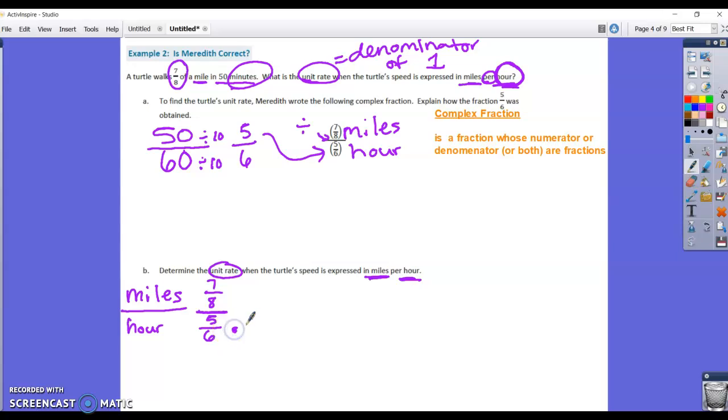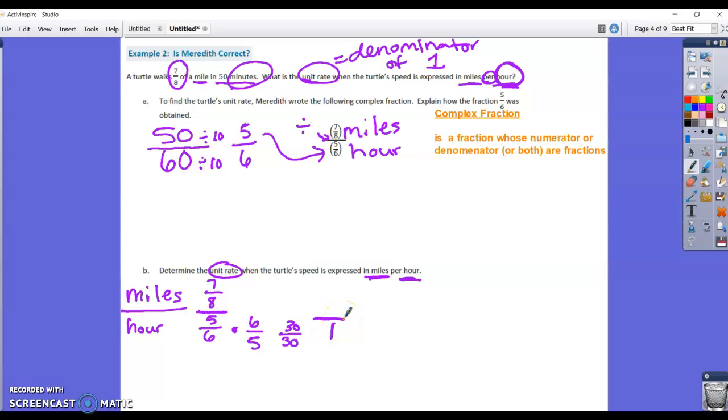So if we multiply by the reciprocal of 5/6, which would be 6/5, in the denominator we're getting 5 times 6, which would be 30. 6 times 5, which is 30, meaning my denominator is 1, which is what we want for unit rate.